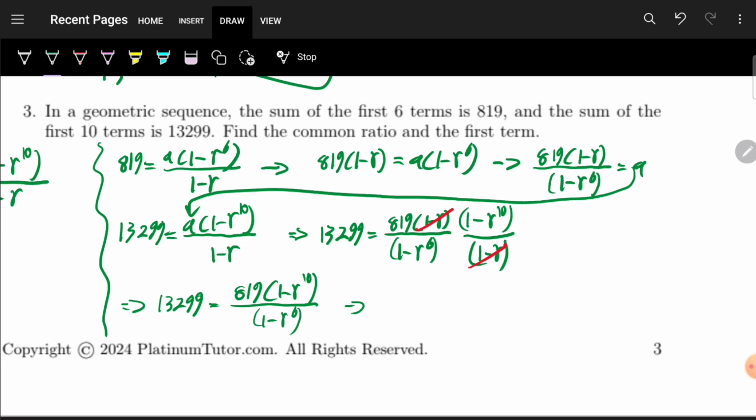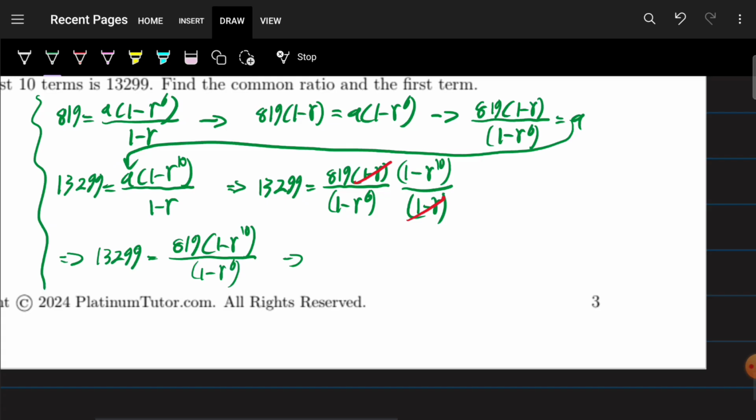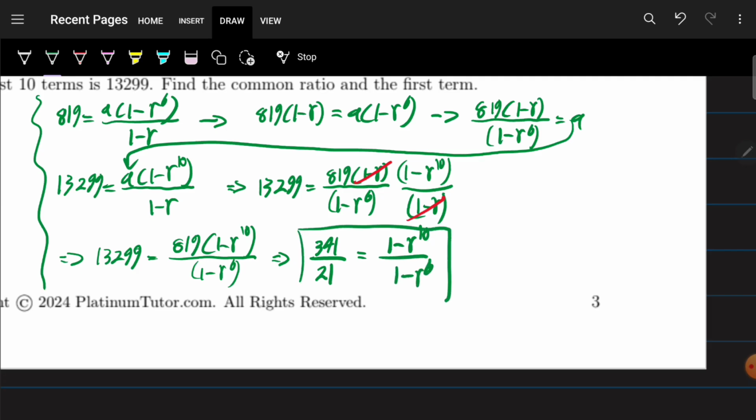So let's see, 13,299 divided by 819. And this is going to give me 341 over 21 after simplification. So I did the simplification as well. And this is equal to 1 minus R to the 10 all over 1 minus R to the 6. Okay, so we're going to remember this.